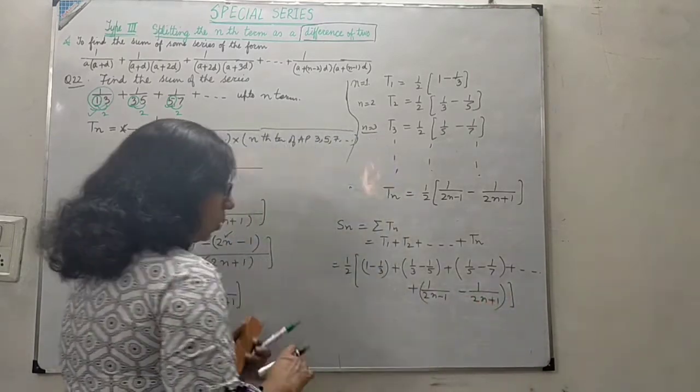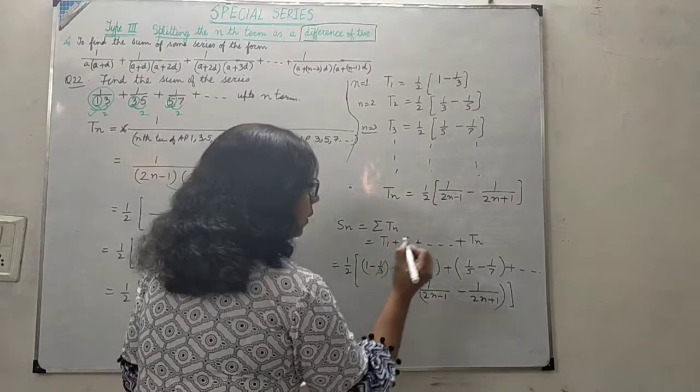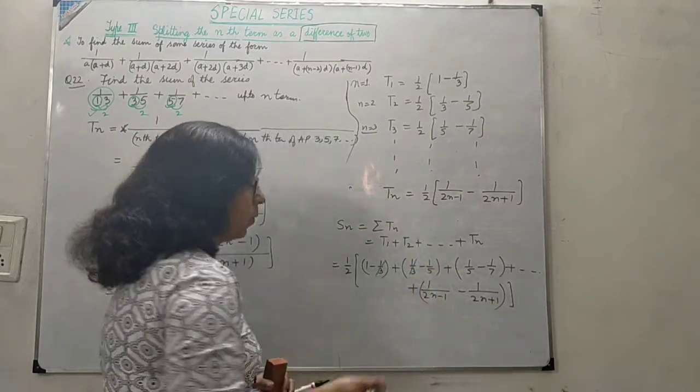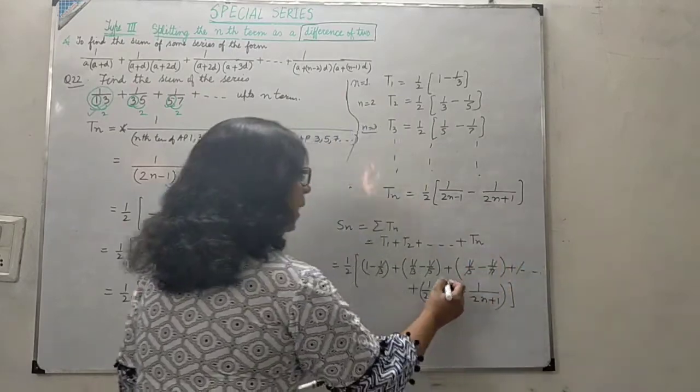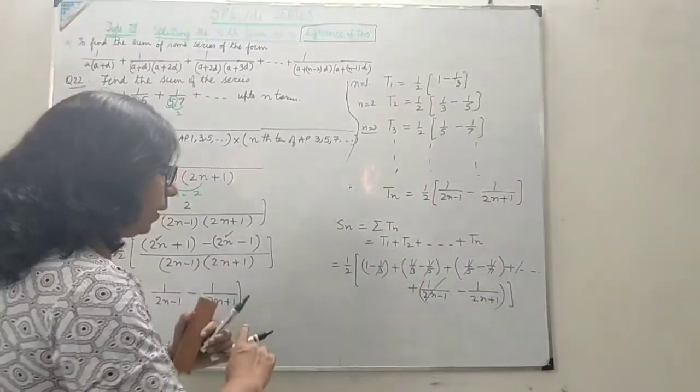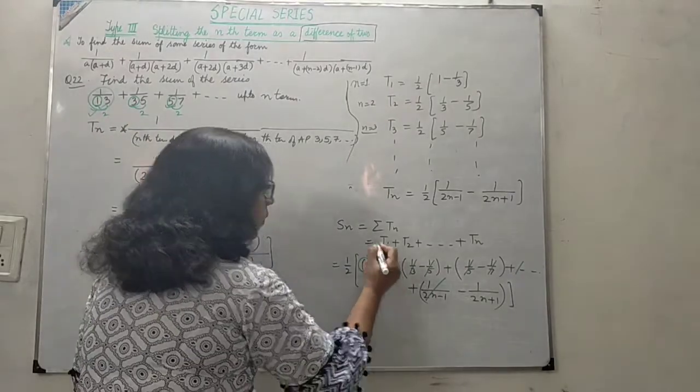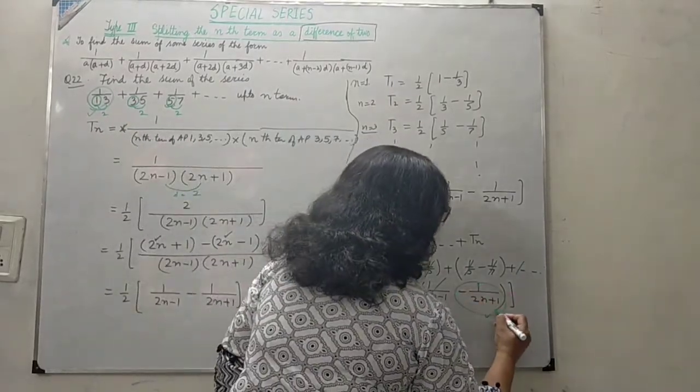So again you can see this previous term will be getting cancelled with the next one, and here also with the next, it will go on like this. We are left with only the first one here and the last one here.